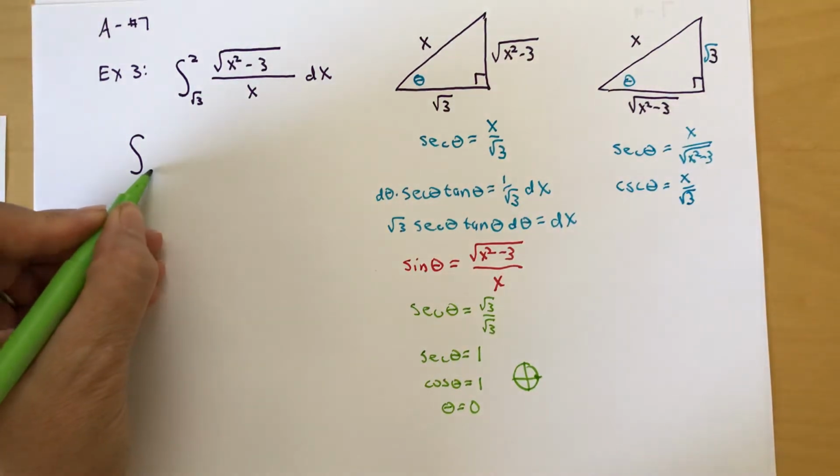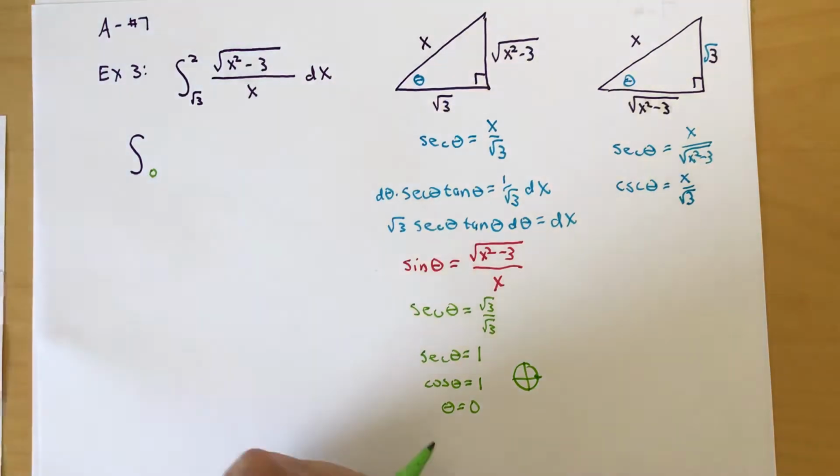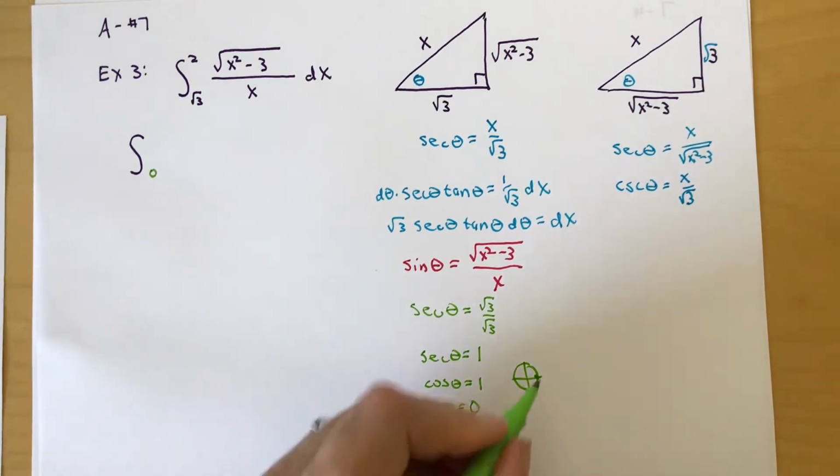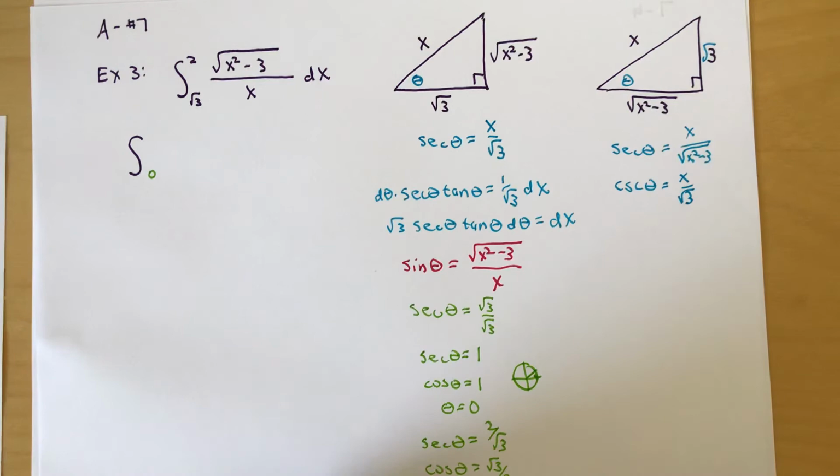So then when I substitute in root 3, theta ends up being 0. And if I substitute in 2, I get that the secant of theta is equal to 2 over root 3. So the cosine of theta is equal to root 3 over 2, which is pi over 6. The x is long.